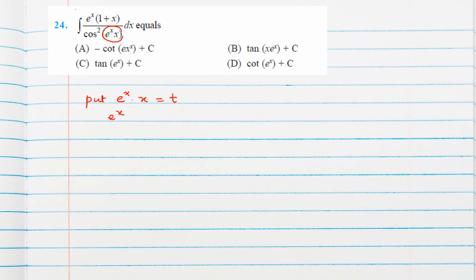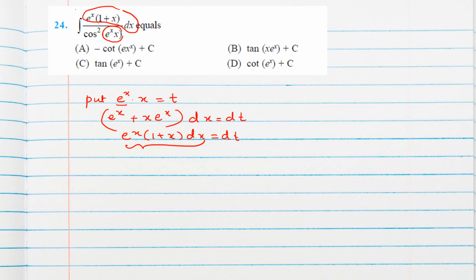Okay, so first function same, derivative of x will be 1 plus x same, derivative of e raised to x will be e raised to x. So e raised to x we can take 1 plus x dx is equal to dt. So this complete expression is in numerator, see. So instead of this expression we can write dt.